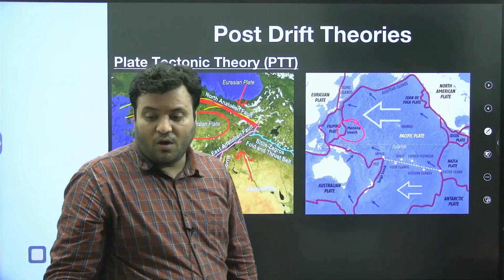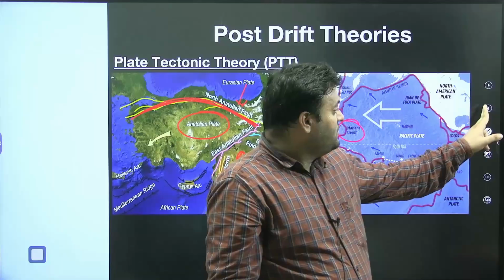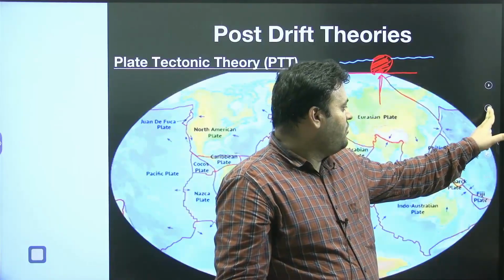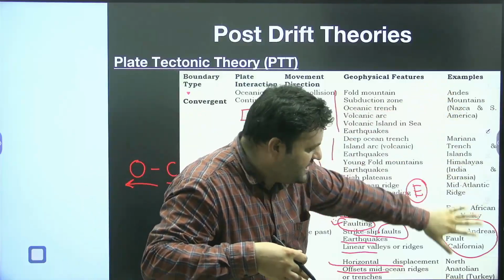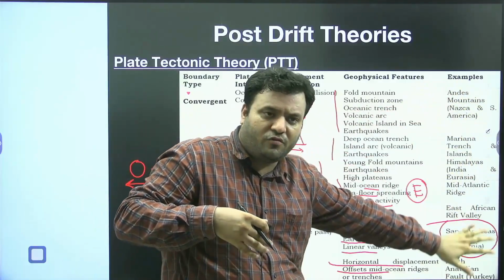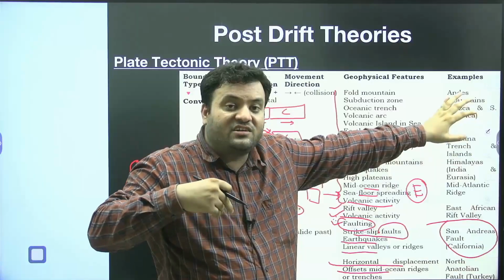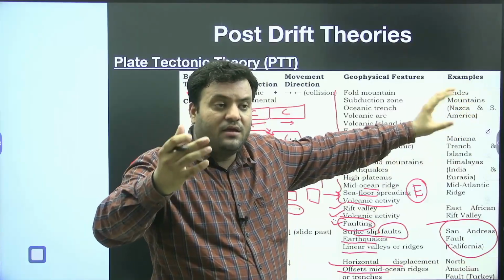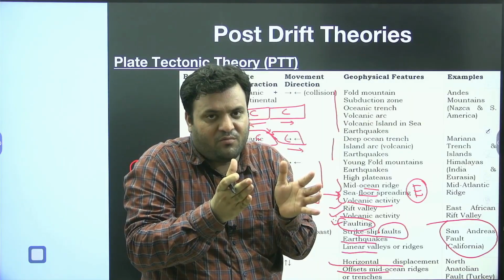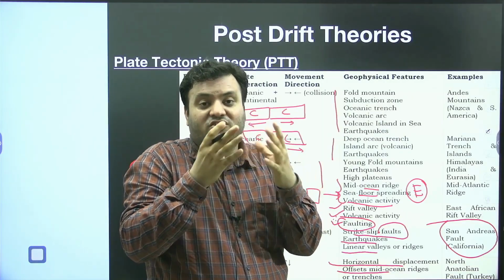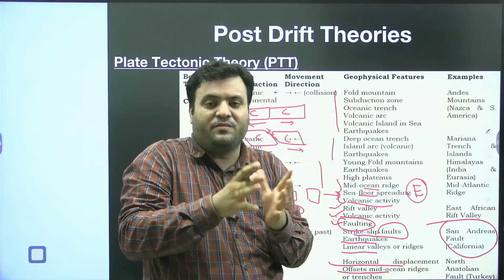So this is how the formation of all of these landforms takes place. Based on the distribution of all of these, and based on the characteristics of the plates themselves, it has been justified that continents are moving either towards each other or away from each other.